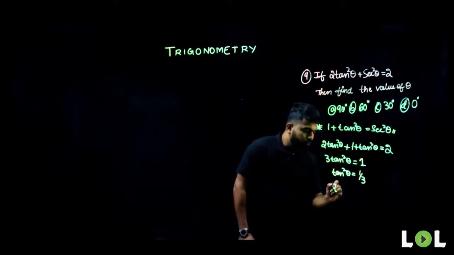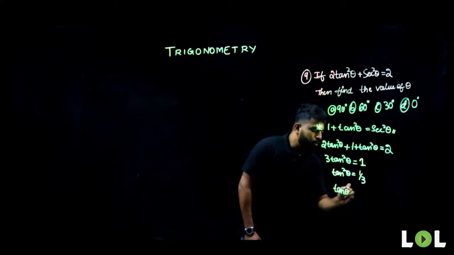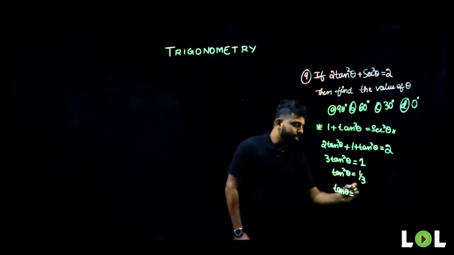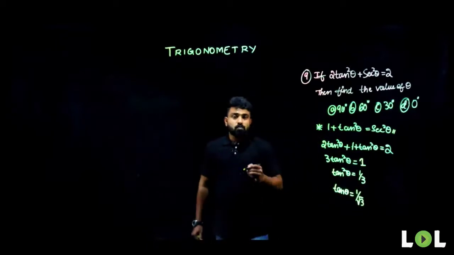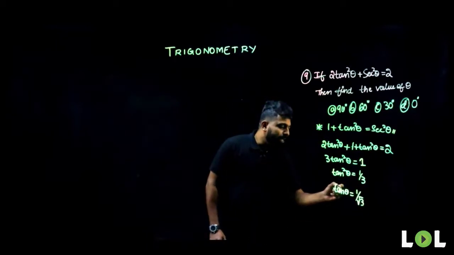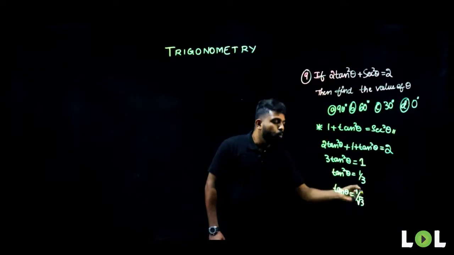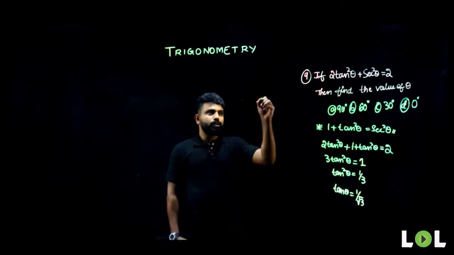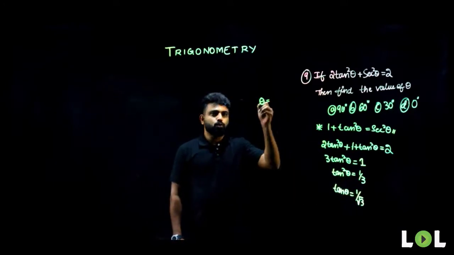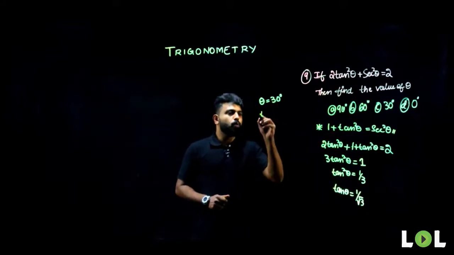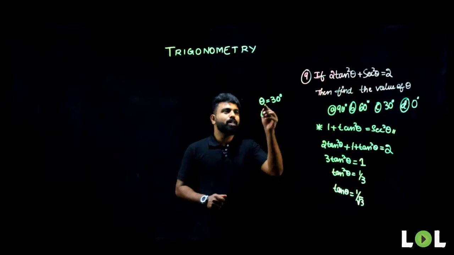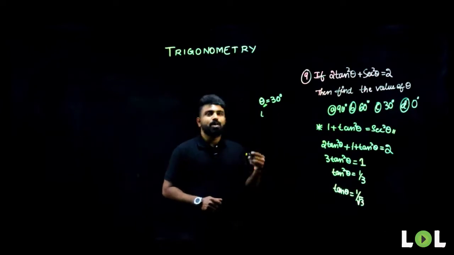So what will be the value of tan theta? Tan theta is equal to root of 1 by 3, that is nothing but 1 by root 3. Now for what value of theta do you get tan theta equal to 1 by root 3? If theta is equal to 30 degrees, tan theta will be equal to 1 by root 3. So now we know that theta is equal to 30 degrees.